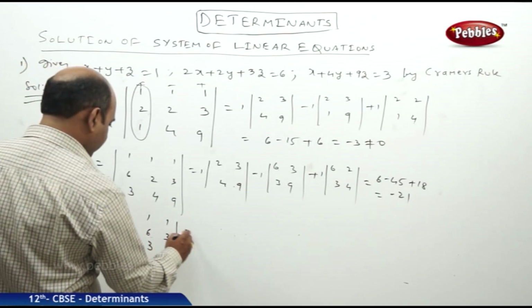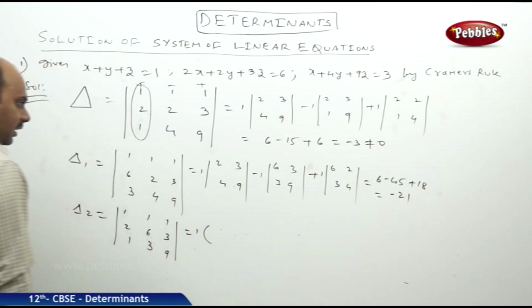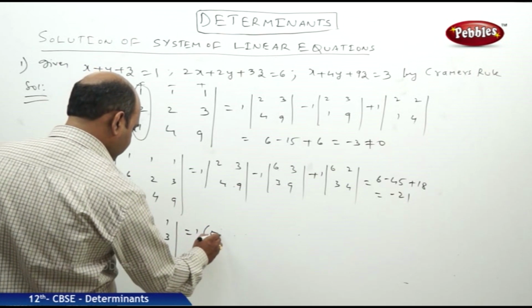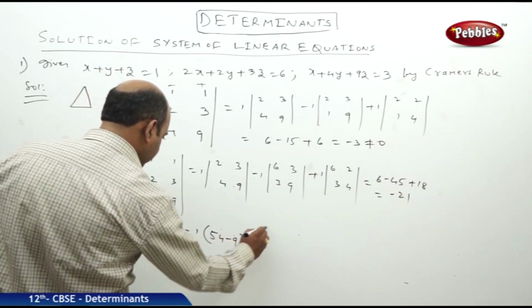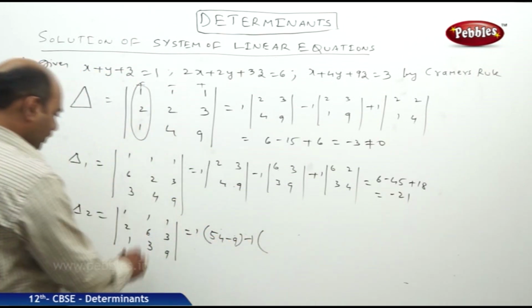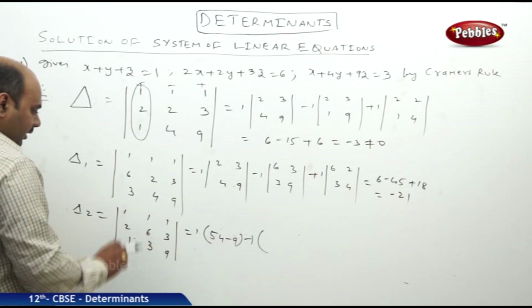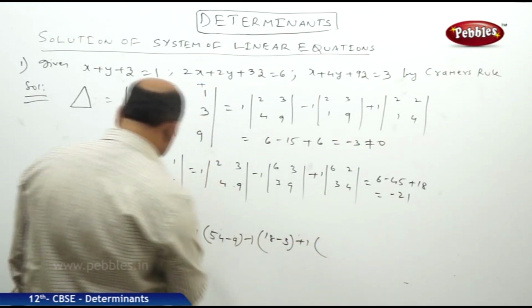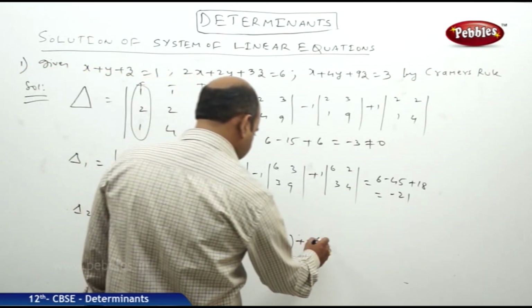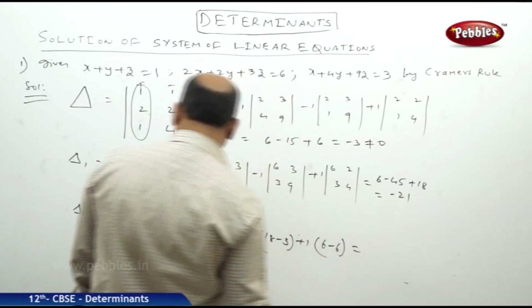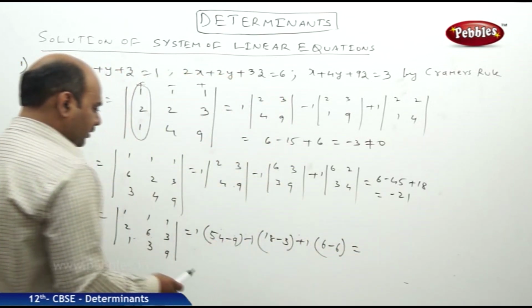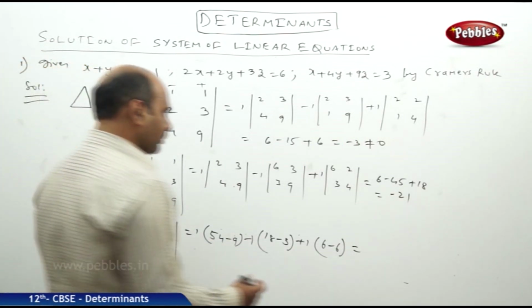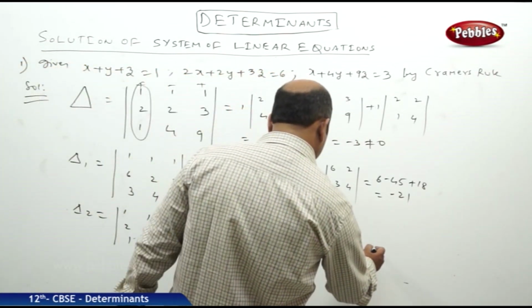Again, this time I will directly expand: 1 into 54 minus 9, and minus 1 into 18 minus 3, plus 1 into 6 minus 6. So this time, 54 minus 9 is 45, and 45 minus 15 means it will be 30.